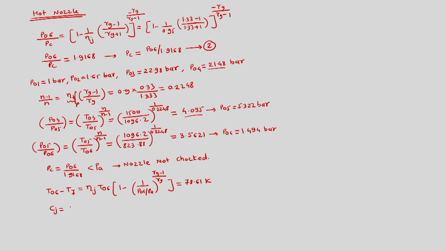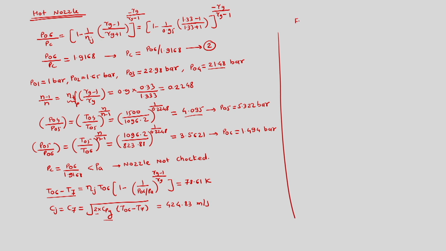We can find out Cj is equal to C7 is equal to square root of 2 into Cp of gas into (T06 minus T7). We know Cp, and then we can find it to be 424.83 meters per second.